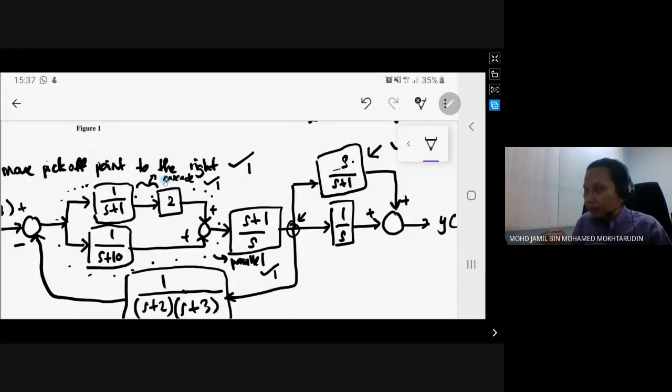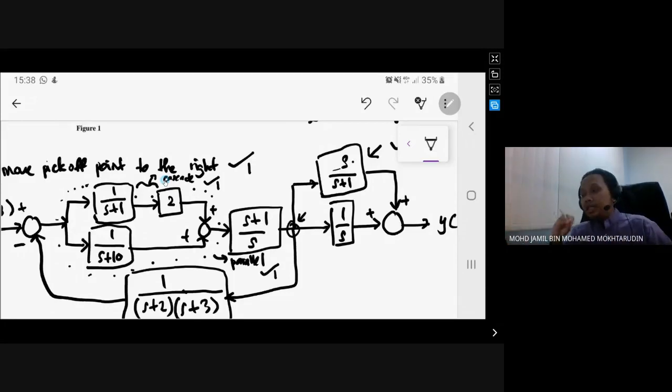After that, I will decide what to give for moving the pick off point to the left, because sometimes you move to the left and you get the correct results, but most of the times your results are not correct, but you are not losing all the marks.